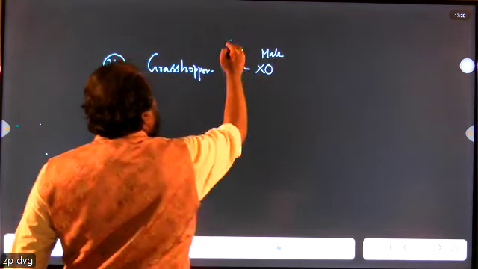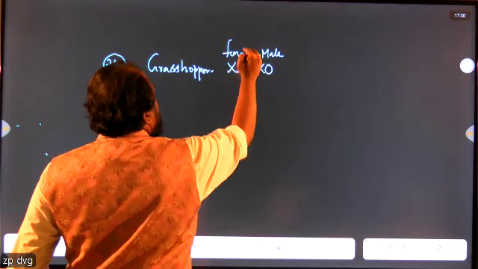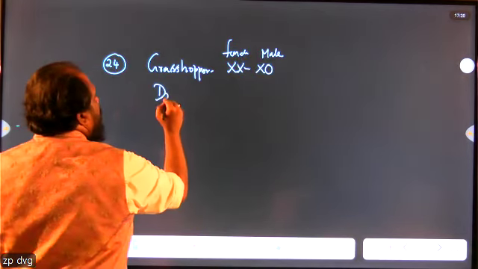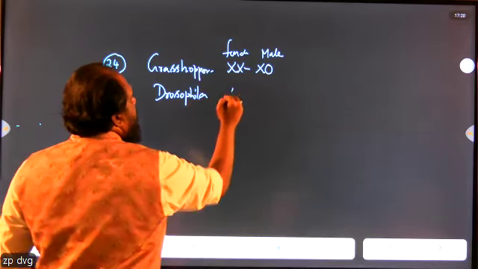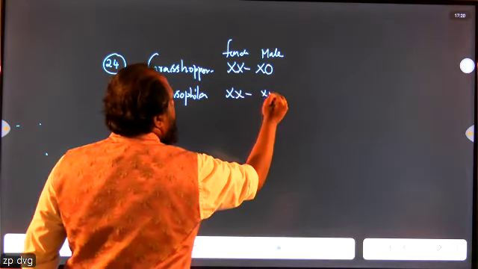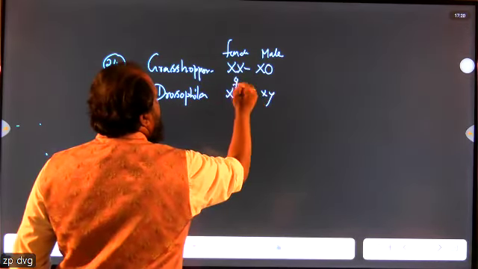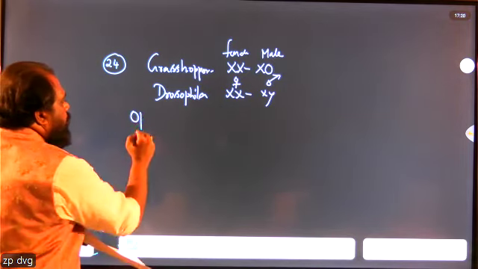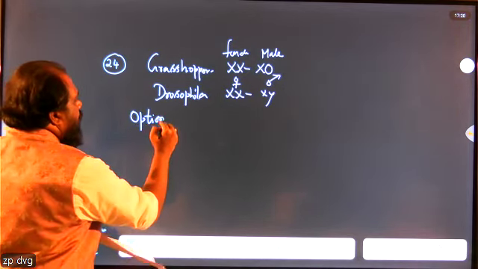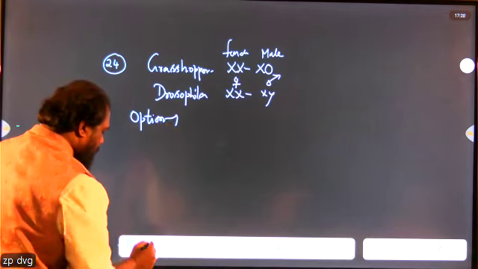XO is male, XX is female. In Drosophila, it is XX, XY. XX is female, XY is male. So here what they are giving is XO type of sex determination, male sex in grasshopper. Directly, option 1 itself is the correct option. Okay.